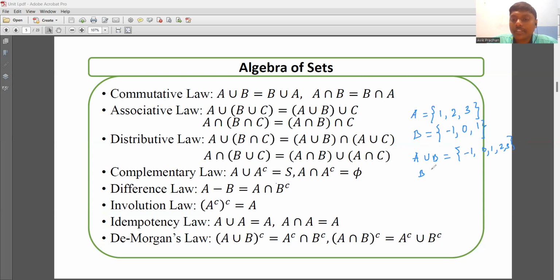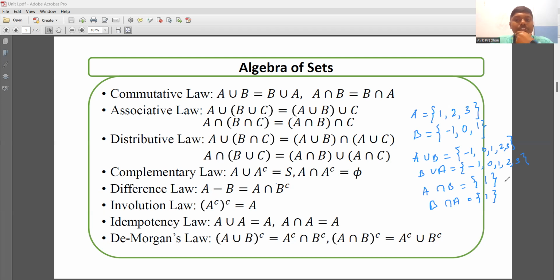If I take B union A, that will obviously be the same thing. So that is called the commutative property. Similarly, if I take the intersection, it is going to be {1} only. So B intersection A is also again {1}. That means it is holding this commutative law.